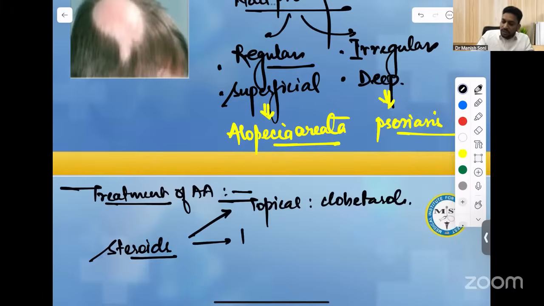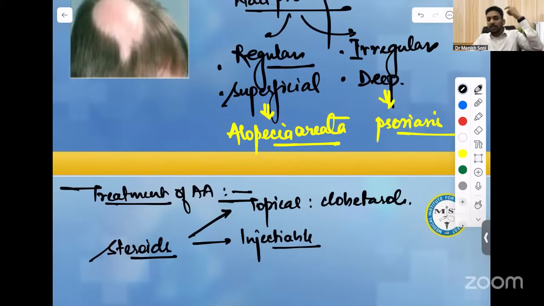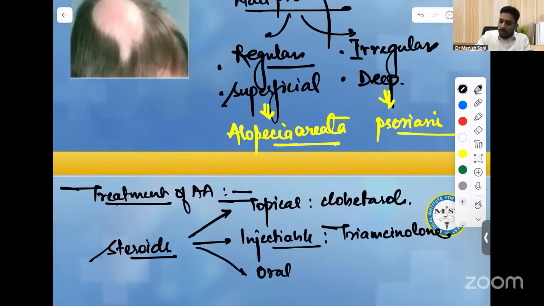You can give injectable. The injectable treatment is given in the patch itself. A long-acting steroid is used, like triamcinolone. And oral steroids or systemic steroids can be given, like betamethasone.